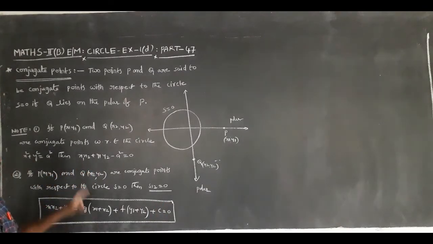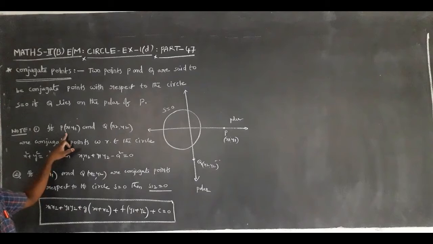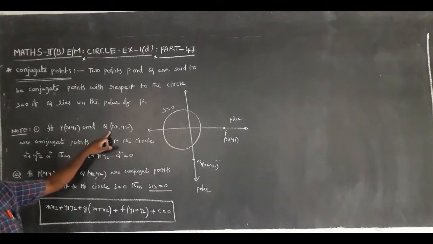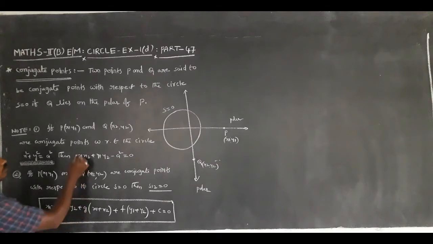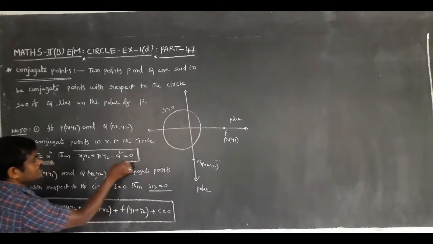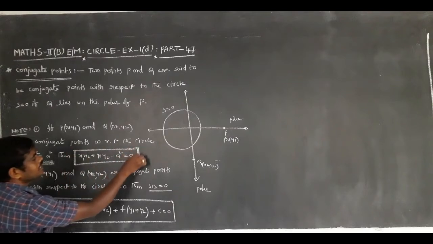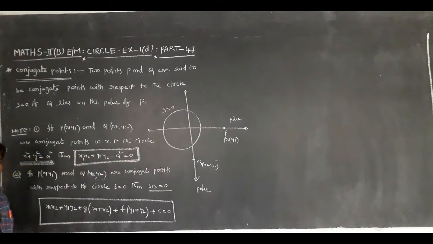Here are two formulas. First one: P(x1, y1) and Q(x2, y2) are conjugate points with respect to the circle x² + y² = a² if x1x2 + y1y2 - a² = 0.